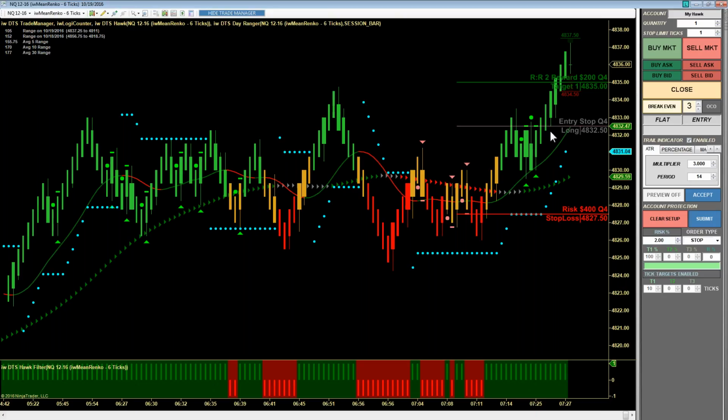Because you'll get a trade like this, you'll risk your $400 or 2% of your trading capital, and, you know, boom, boom, boom. A couple minutes later, you're up a couple hundred dollars. Now, what a lot of people need to remember too is that a lot of people have a production line mentality when it comes to trading.